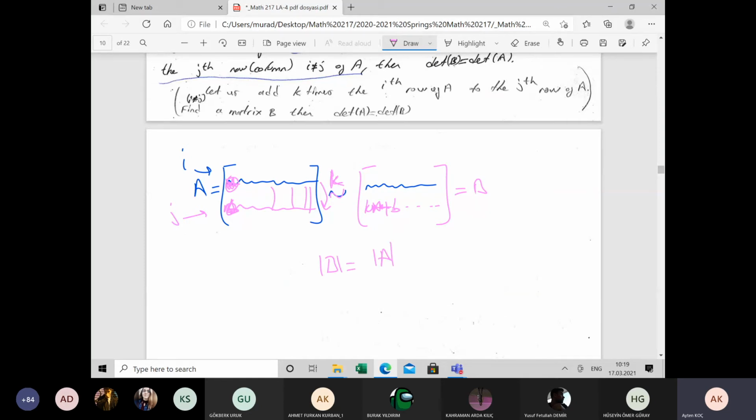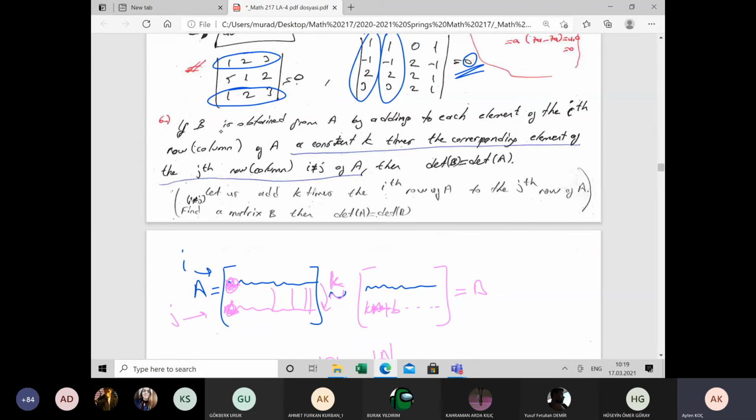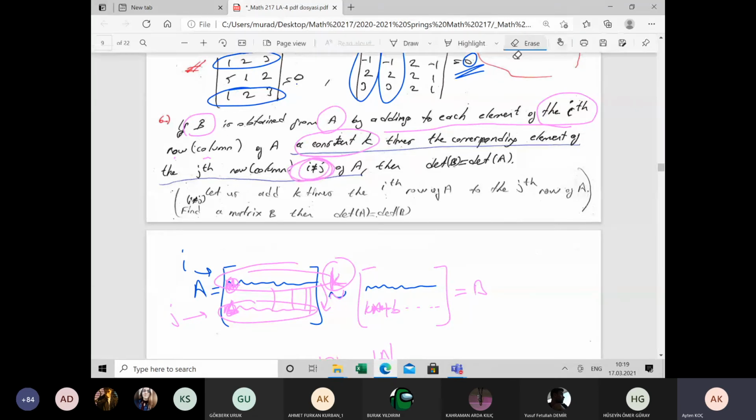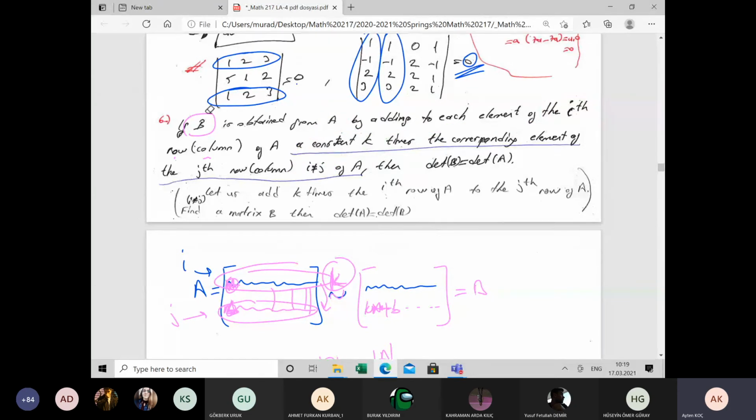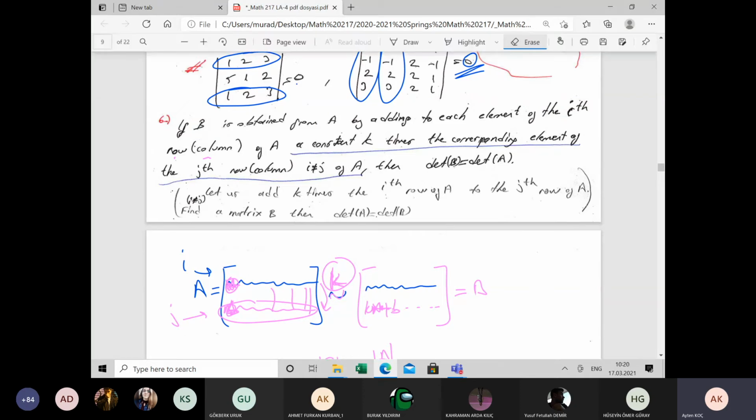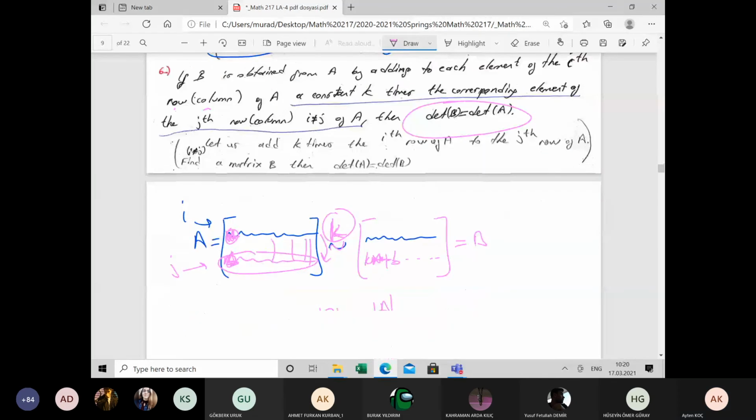Here we claim that B can be obtained from A by adding to each element of row I a constant k times the corresponding element of row J. This property is also valid for columns. But be careful, I is not J; they are different rows. Using this operation, we claim that the determinant of B is equal to the determinant of A.